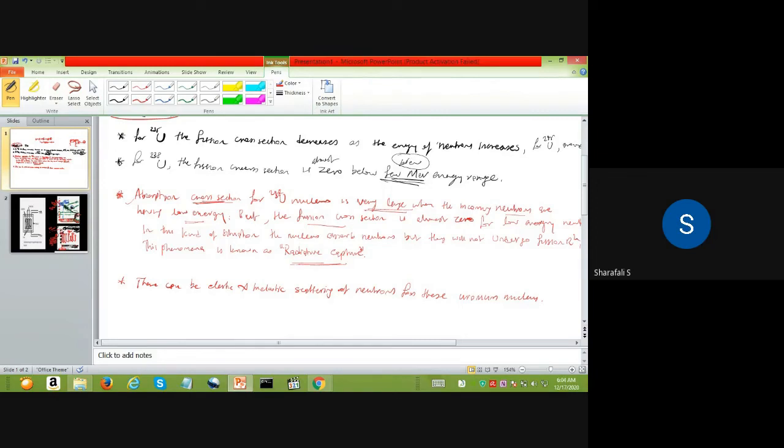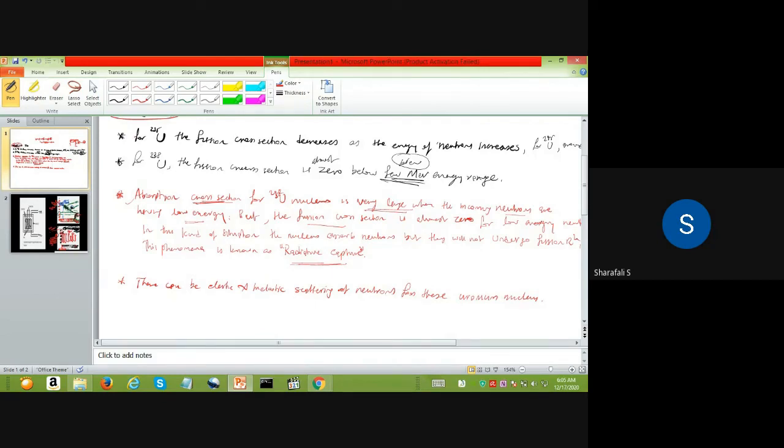The scattering can be elastic or inelastic. The neutron comes, hits the nuclear region and is just scattered from the nucleus, like the alpha particle scattering experiment. So that is also possible in this type of reaction, and I'm just mentioning it.